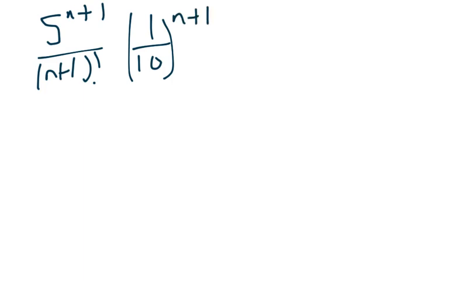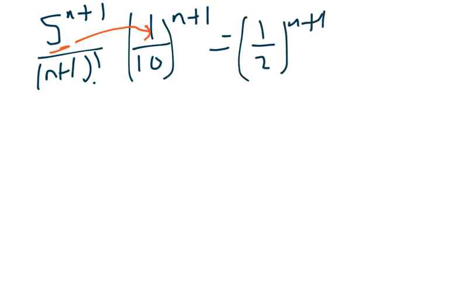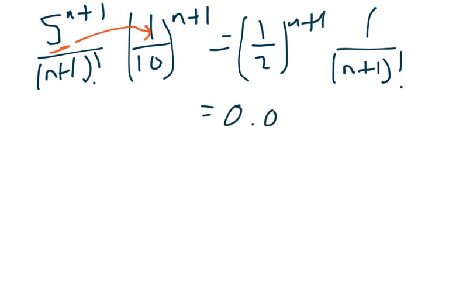Well, I could simplify this a little bit, so I can bring this 5 in here, right? So I have 5 over 10, which is just 1/2. So I have 1/2 to the n plus 1 over n plus 1 factorial. Okay, so now we want to set this equal to 0.01, or 1 over 100.